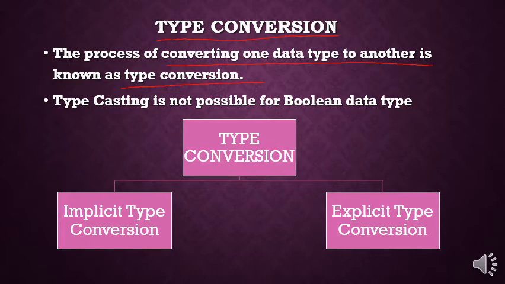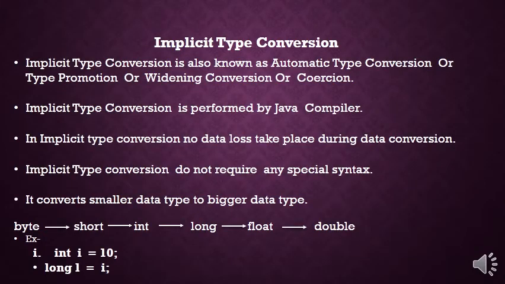Next, children, types of type conversion. There are two types: implicit type conversion and explicit type conversion. First is implicit type conversion.